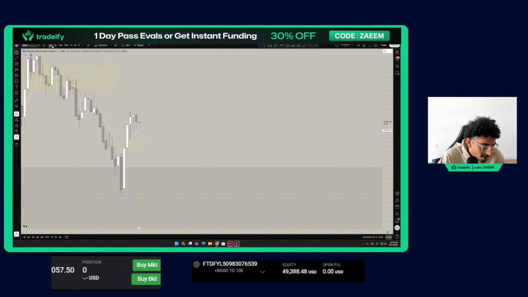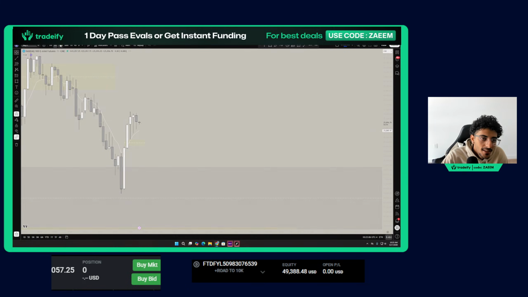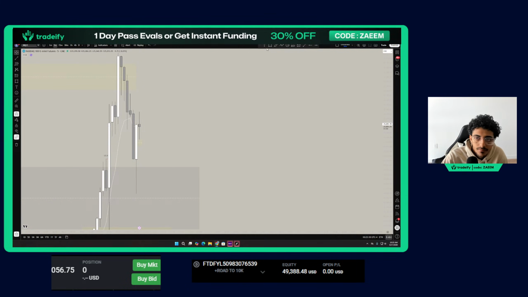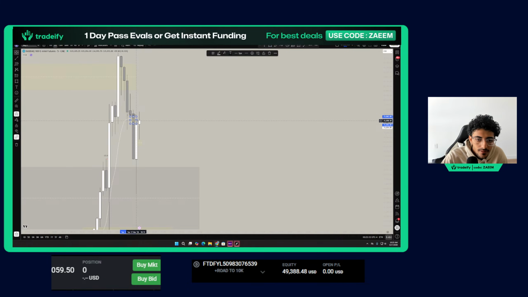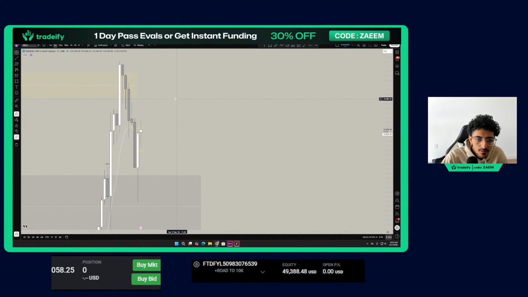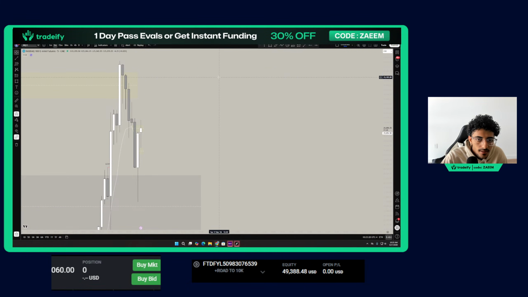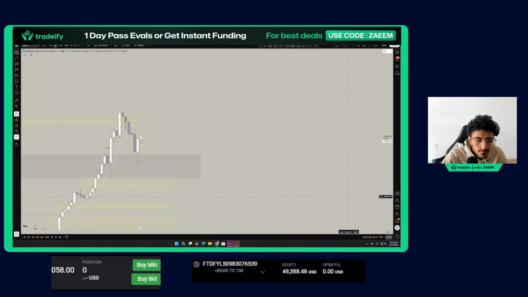Longs look so damn good now. Yeah, we could potentially, this 5 minute right here. Target these highs. Longs do look good, I'm not gonna lie.